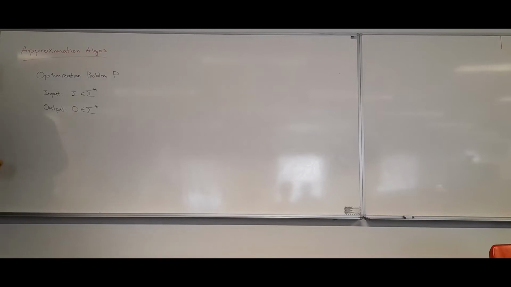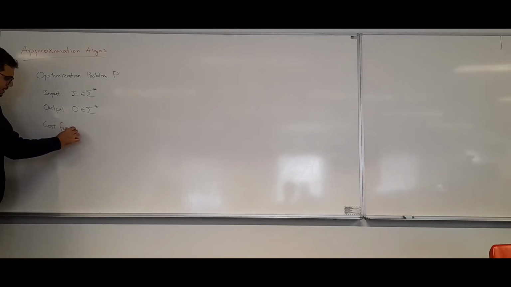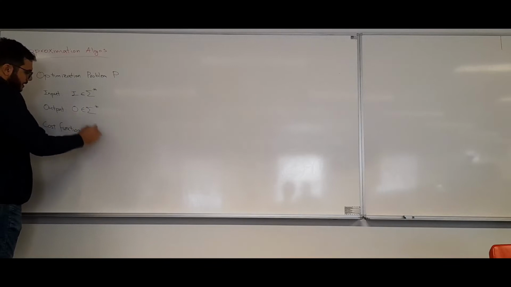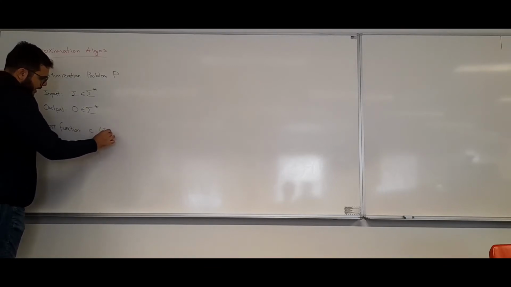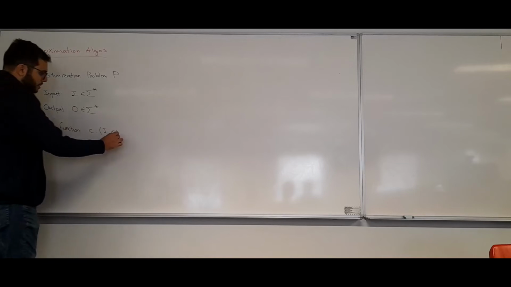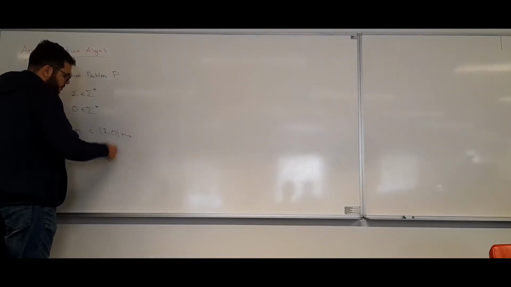And I also have some cost function. Let's call this one C. What it does is that it takes the input and it takes the output, and it gives me a cost, which says how good my output was. So it maps to some cost.